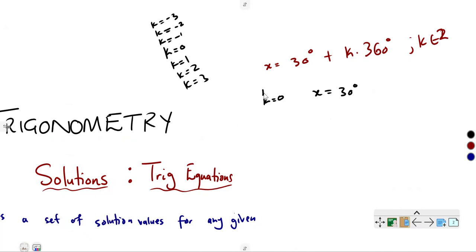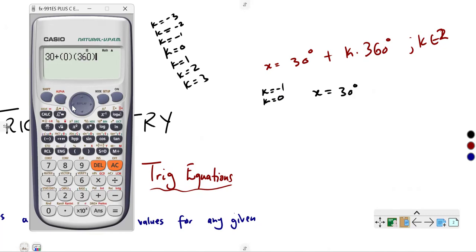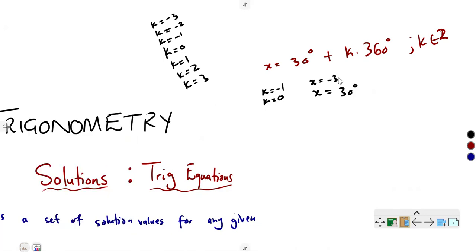If our k was equal to -1, in place of that k we put -1, and that gives us -330 degrees. It's a solution.